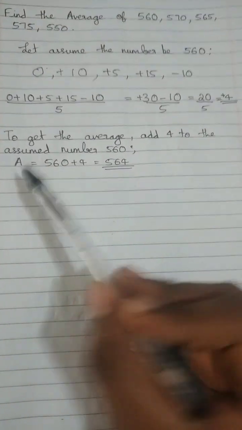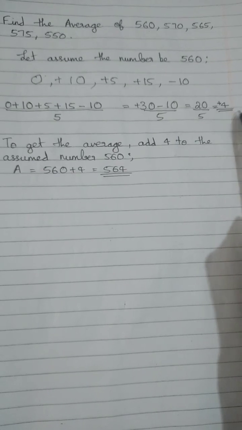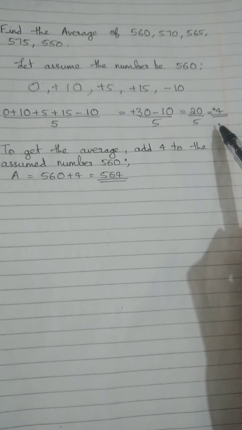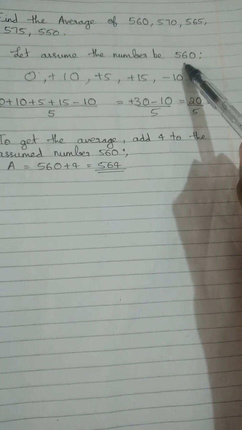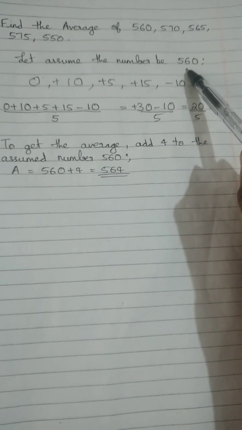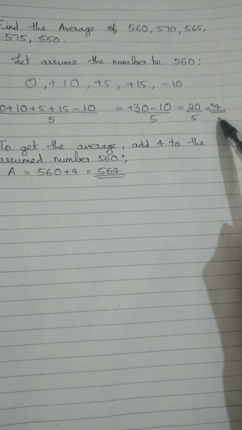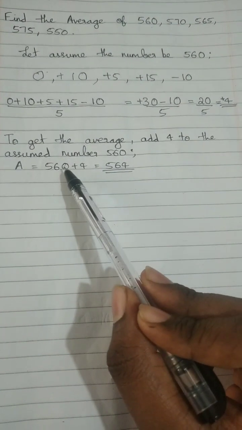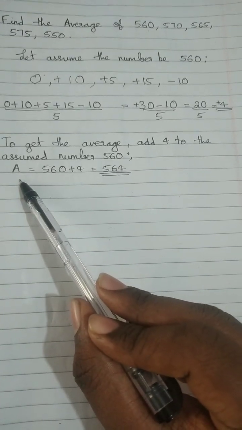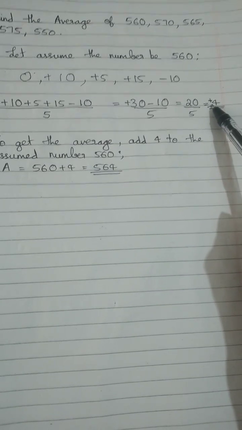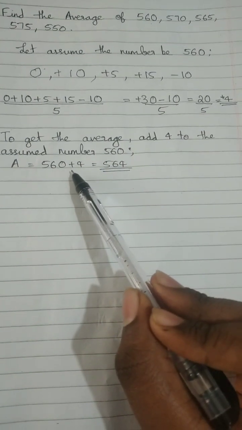To get the average, add the answer we got after these steps to the assumed number. What is the assumed number? Here it is 560, and what we got is 4. So the average is equal to 560 plus 4. If it is minus 4, then we would subtract it.